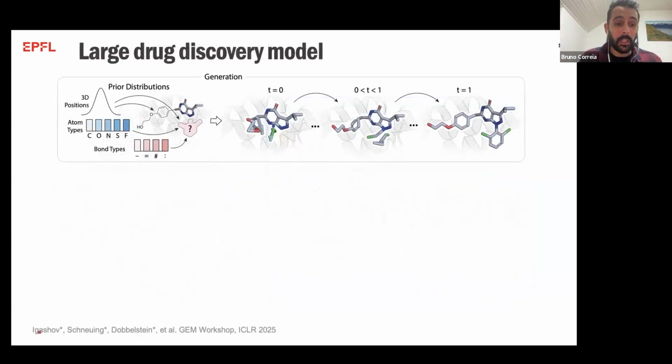What Ilya, Arne, and Adrian actually came up with is what they call the large drug discovery model, again based on a flow matching architecture, where it basically diffuses both atom coordinates but also bond types and bond lengths.